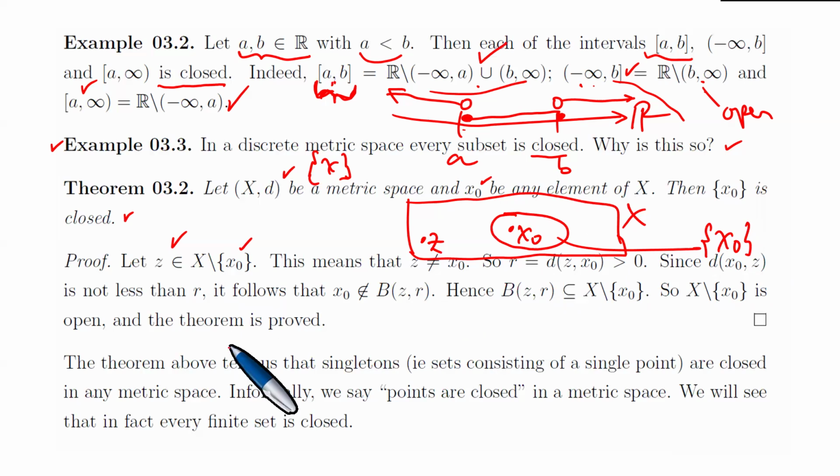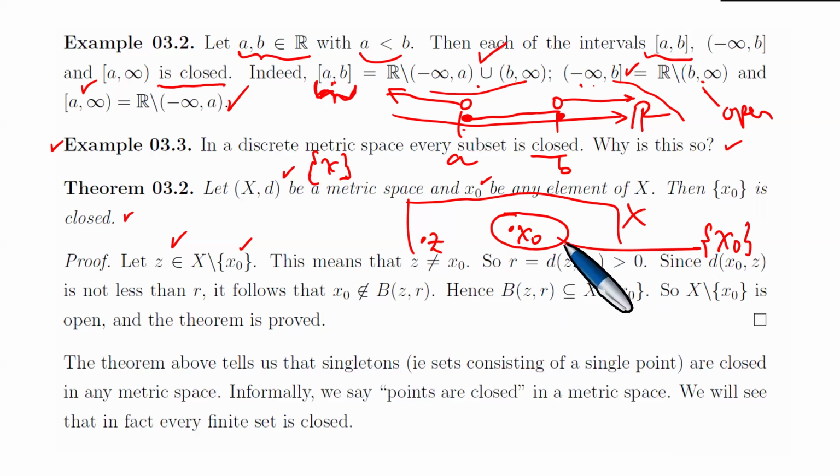And then we actually take Z outside that, so it is in the complement. If I remove this, it would mean that Z is different from X0, of course, because it is in the complement. So if you find the distance between Z and X0, this distance is positive, meaning these points are different. They're not the same point.